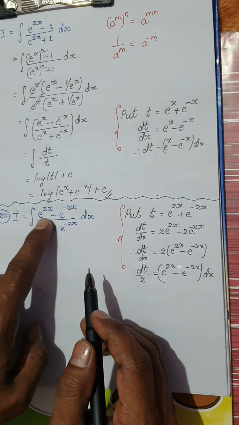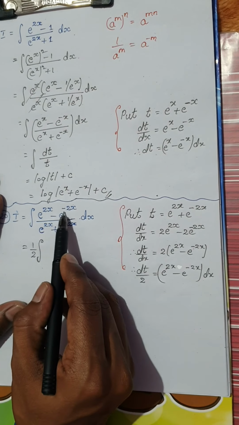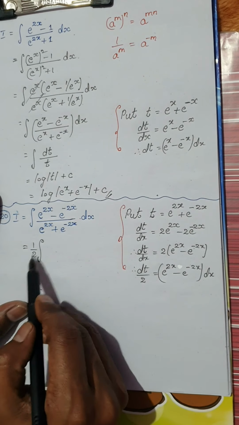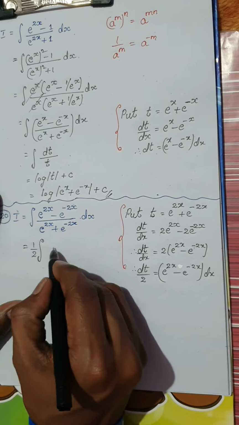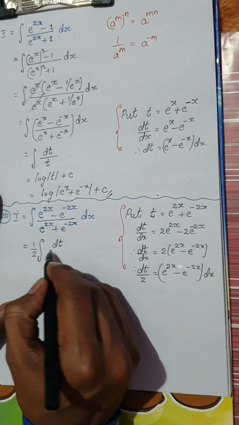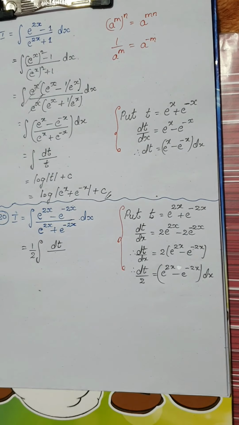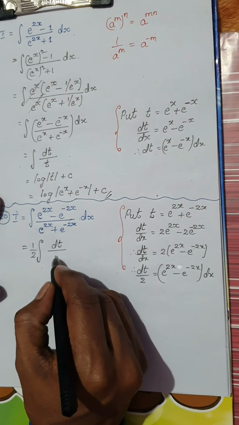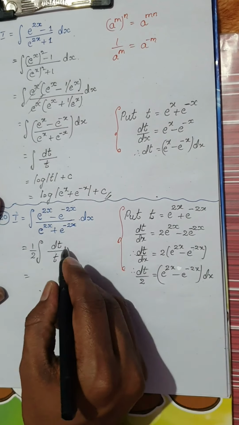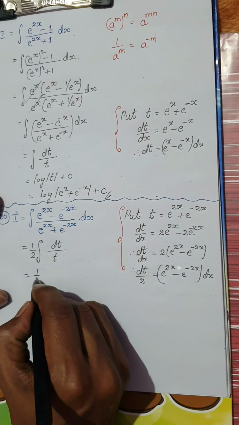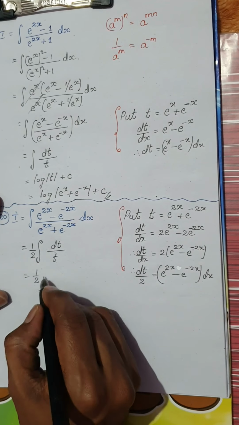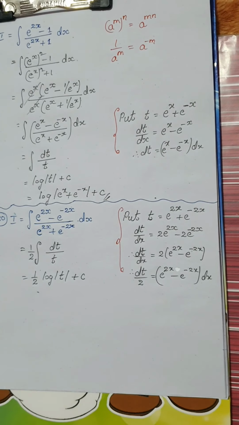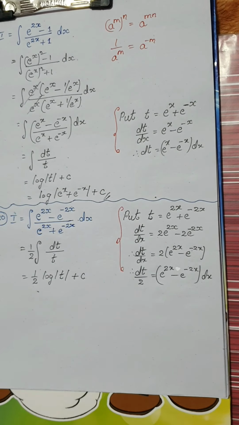Now the numerator, look here, e^(2x) − e^(−2x) dx, is nothing but dt by 2. The 2 is outside, so you are just going to get dt, divided by e^(2x) + e^(−2x), which is nothing but t. So again it is dt by t, and 1/2 is constant here. The integral of dt by t is log of mod t plus the constant of integration.